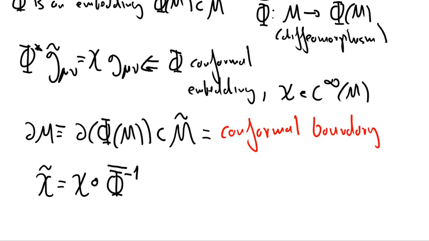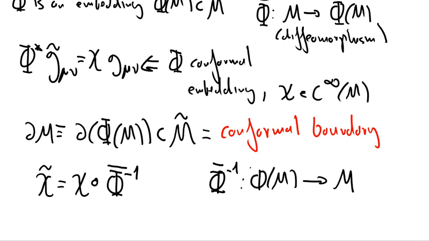So if we take this inverse, and since chi is itself a map which goes from M to R, because it's a scalar function, then of course we can perform the composition of these two maps and get a map which is now a scalar function.